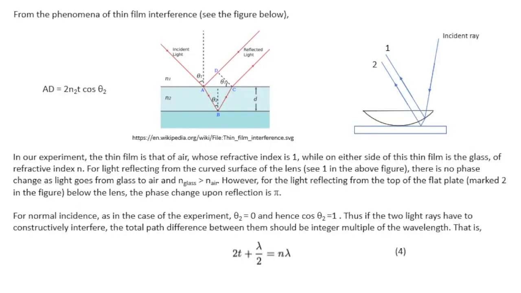Once again, we go back to our class 12 physics and look at the phenomenon of thin film interference. Let us look at the figure shown over here. You have a thin film of thickness d. The film has refractive index N2, and on top of the film is air with refractive index N1. An incident light beam falls on the thin film at an angle θ1 with respect to the vertical.